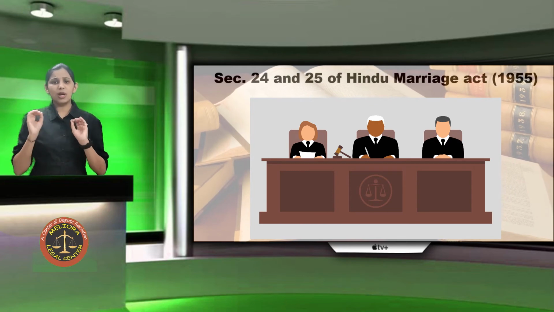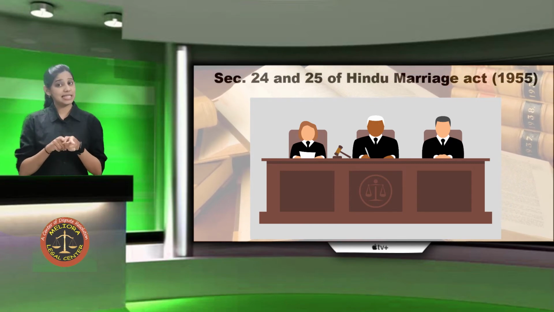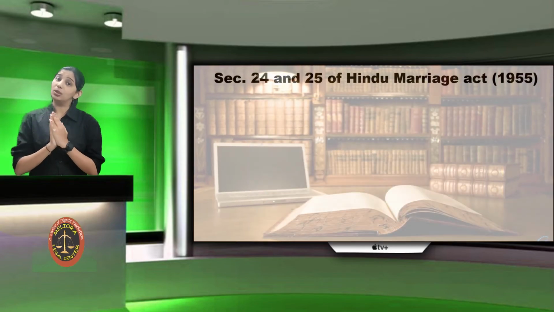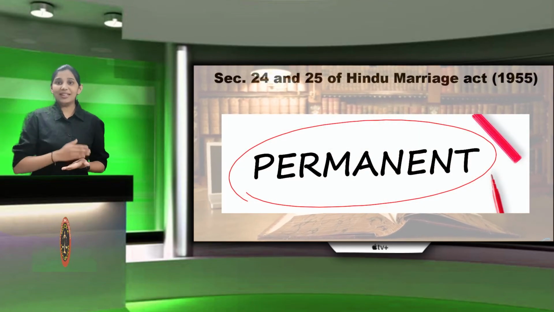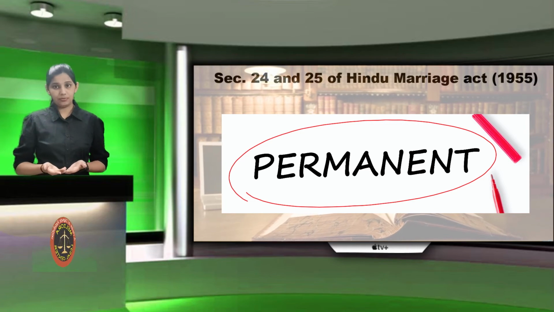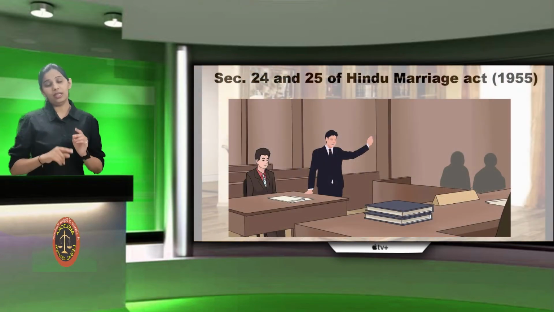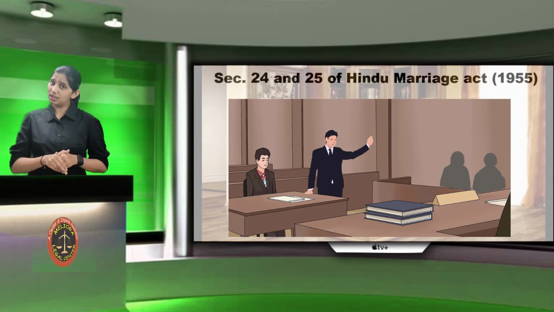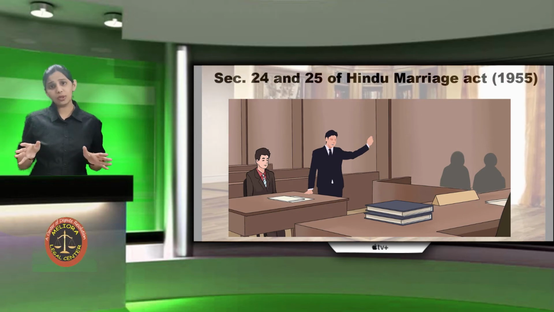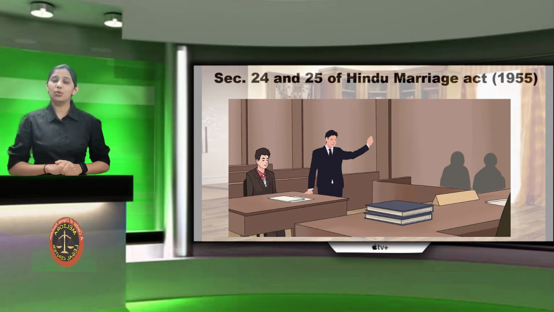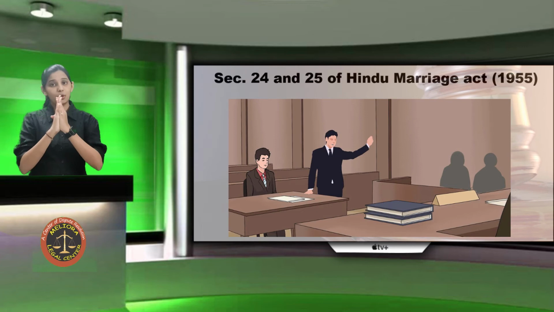It means it is closely related to the previous section, that is Section 24. Here, the only difference is it discusses the permanent alimony or maintenance after passing the decree. I mean, as the case is decided and the decree is awarded, then Section 24 will automatically cease to be applicable, and hence Section 25's role will begin.